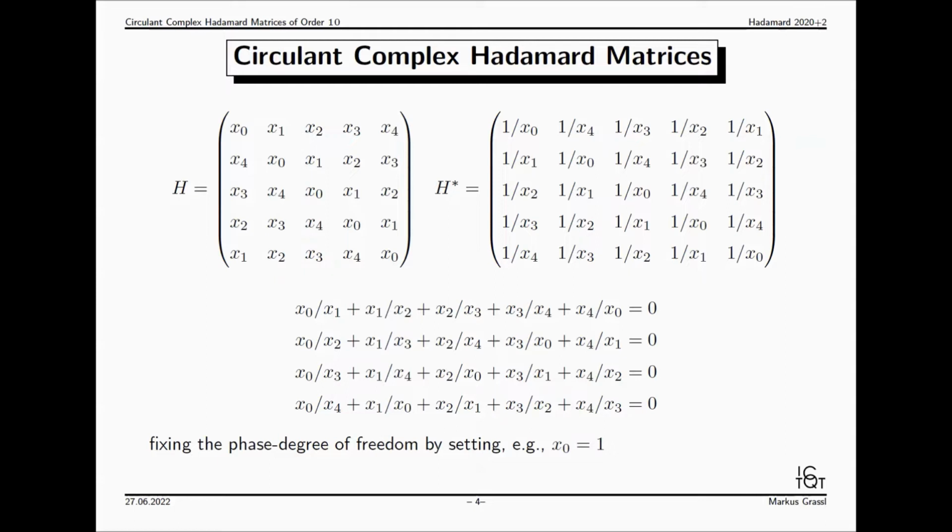In physics language, we have a phase degree of freedom, so we can multiply the initial vector by any number on the unit circle, and we can remove that by fixing, for example, x0 to 1. So in the literature, you will find circulant complex Hadamard matrices with diagonal 1. That's what this amounts to, just removing some of the degrees of freedom we have.